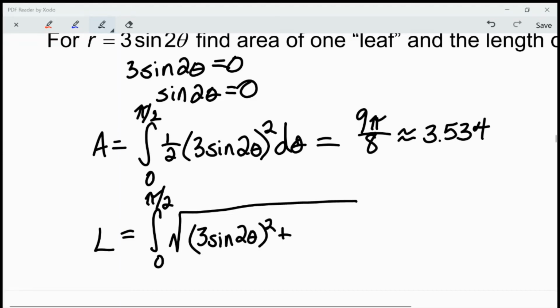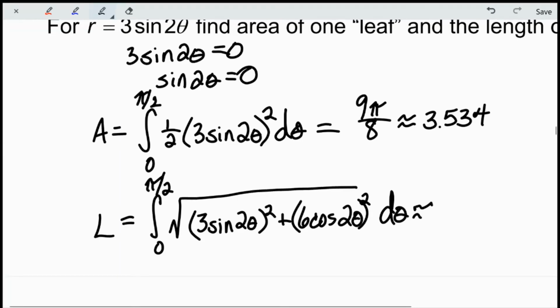And then my dr d theta, in this case, would be 6 cosine 2 theta. So I'm going to square that and then multiply by d theta. Again, we would just plug this into the calculator. In this case, the exact solution is hard to identify from the calculator, so you could just write it as a decimal of about 7.266.